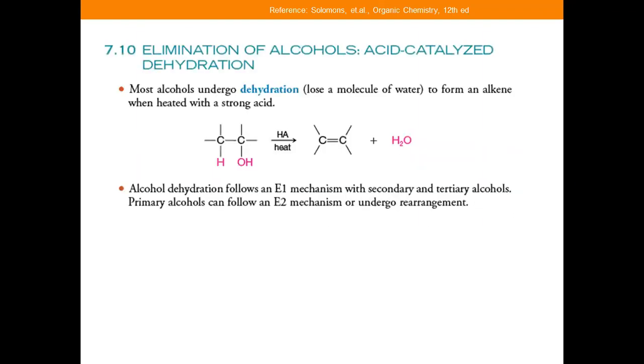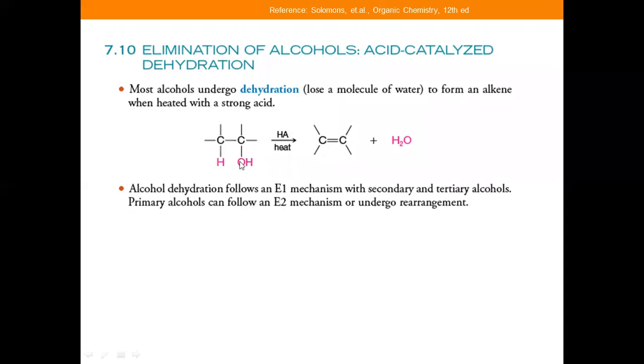So now we can proceed with another kind of reaction to prepare our alkene. The first one is the dehydrohalogenation, where our leaving group is a halogen. For the second one, our leaving group is the OH, the alcohol.